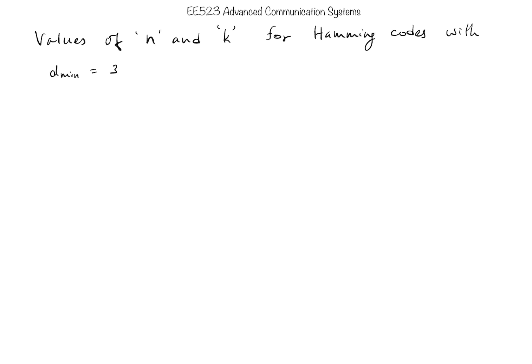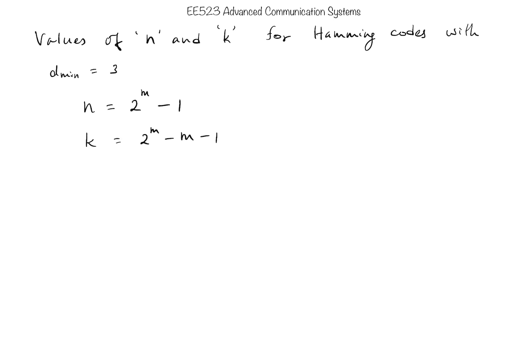Well, the rule is that you choose the value of n to be equal to 2 power m minus 1, and the value of k that you can choose is 2 power m minus m minus 1. So this is how you would choose the value of n and k for the Hamming code.